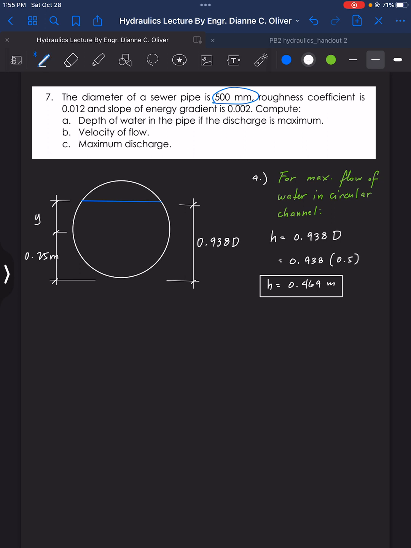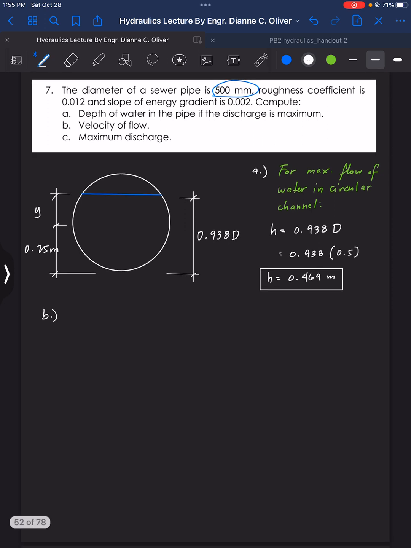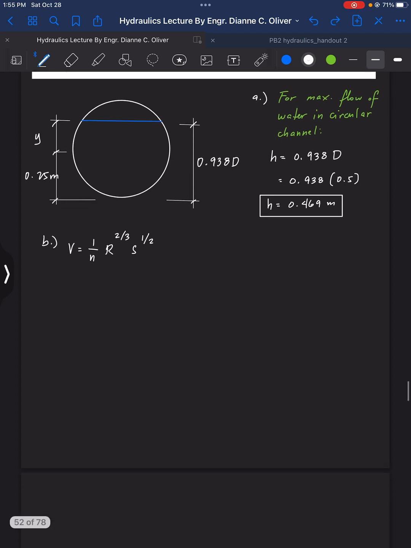Now for letter B, what is the velocity of flow? Since the given here is the roughness coefficient of 0.012, we're going to use Manning's. V is equal to 1 over n, hydraulic radius R raised to 2/3 and slope raised to 1/2. And let's solve first for the hydraulic radius.